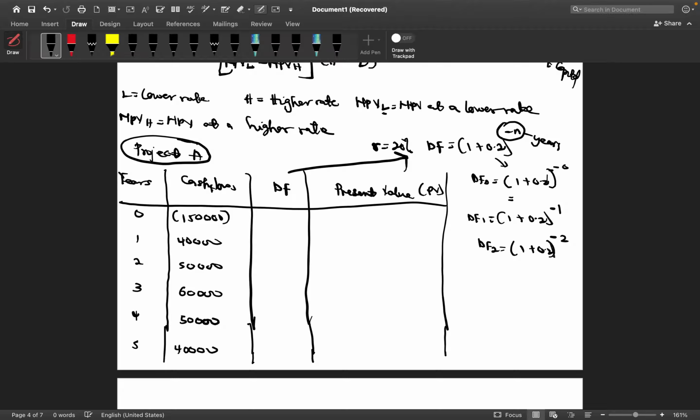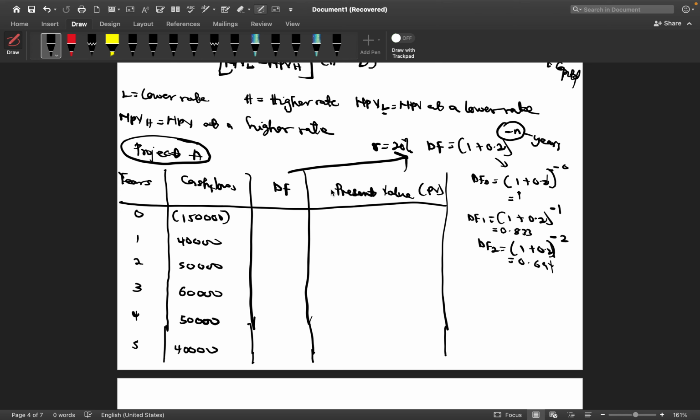You keep on changing the discount factors. The first one will give us, punching this on the calculator, 1. This one will give us 0.833. This one will give us 0.694. So you continue in that format.